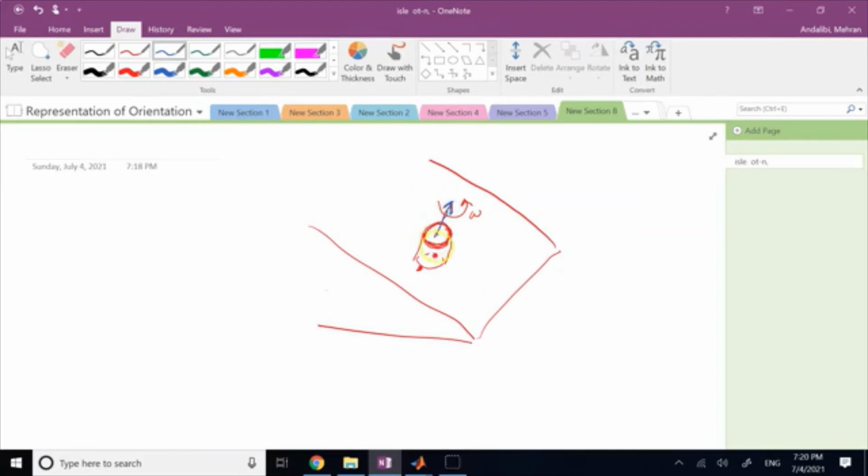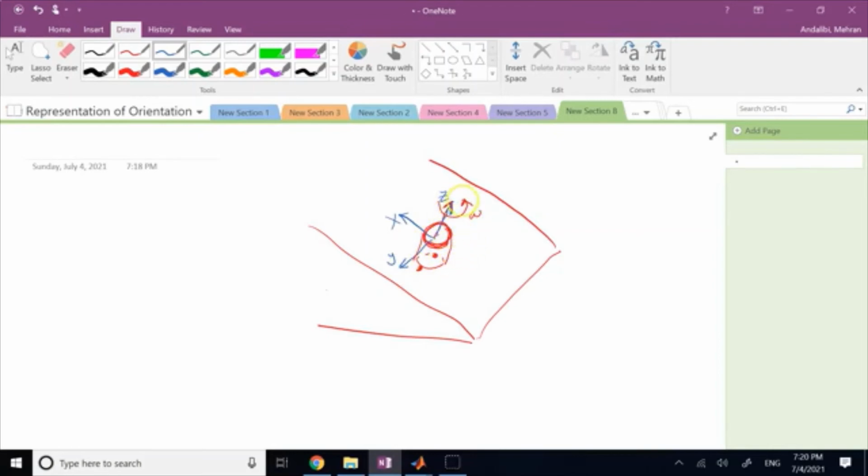So if you have this frame attached to the robot, let's say this is your x-axis, this is your y-axis, and this is your z-axis. It is measuring with respect to the z, but which z? The z that is attached to the body of the robot.